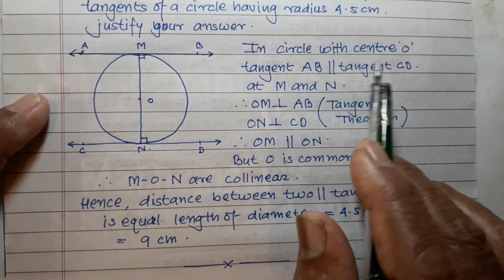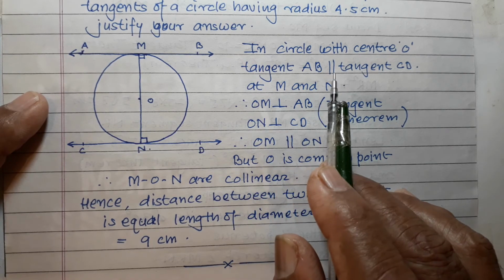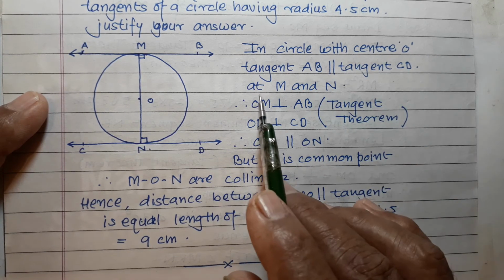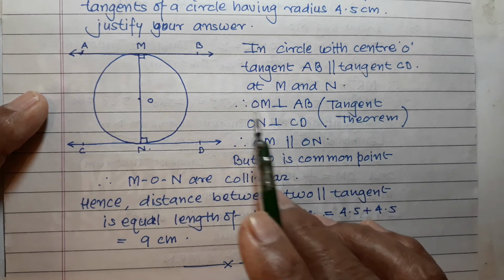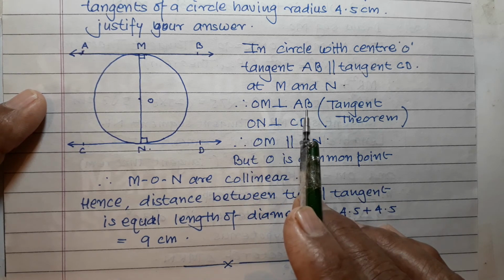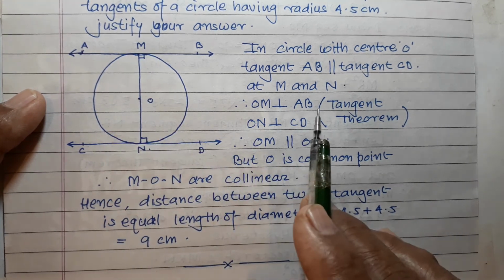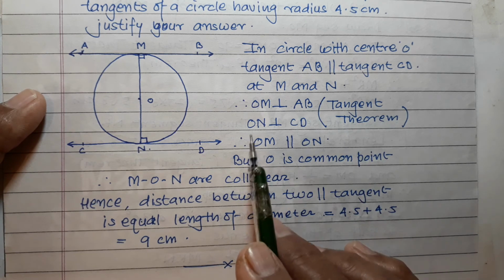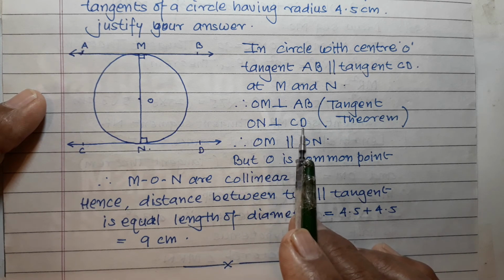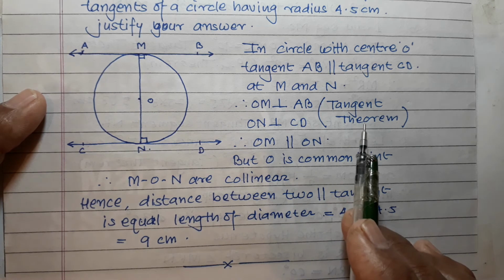In a circle with center O, tangent AB parallel to tangent CD at M and N. OM is perpendicular to AB, this OM is perpendicular to tangent AB, and ON is perpendicular to CD, by the tangent theorem.